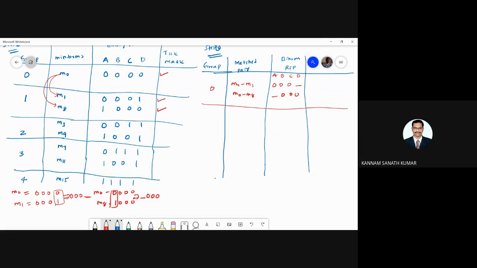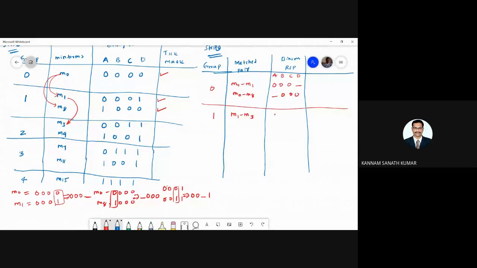Understood? Okay, so next you have to match m1 and m3. That is group 1. m1 is 0 0 0 1 and m3 is 0 0 1 1. It differs by one bit, so you can write this as 0 0 colon 1.